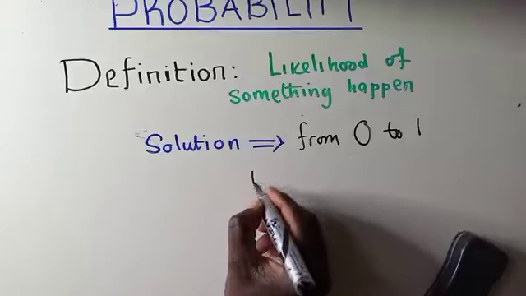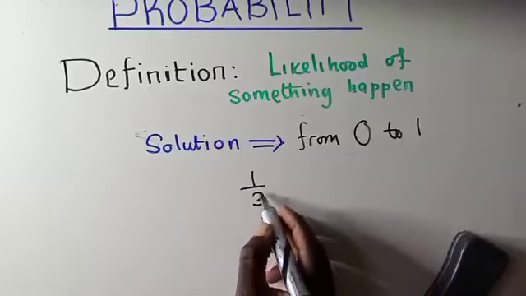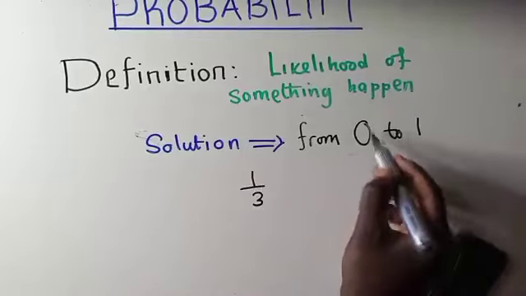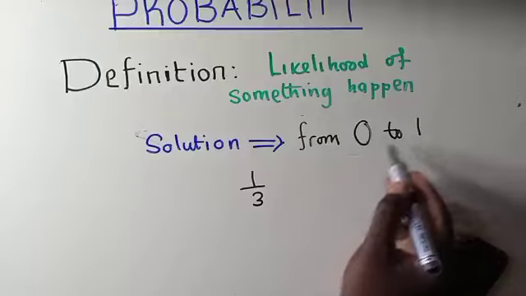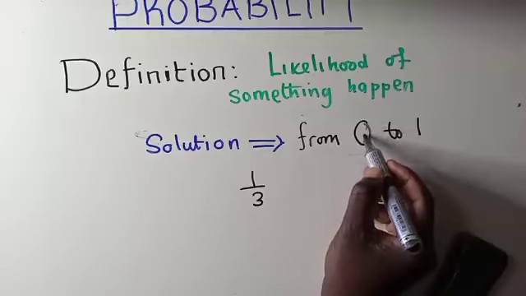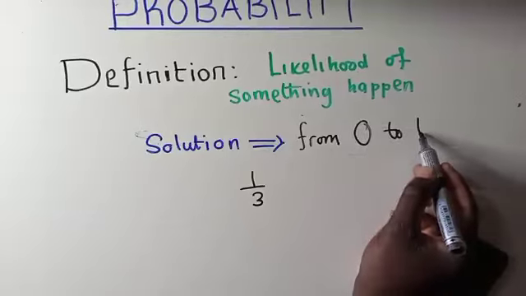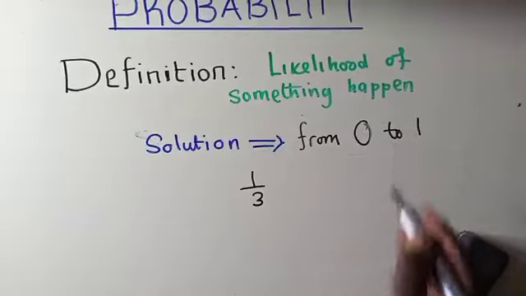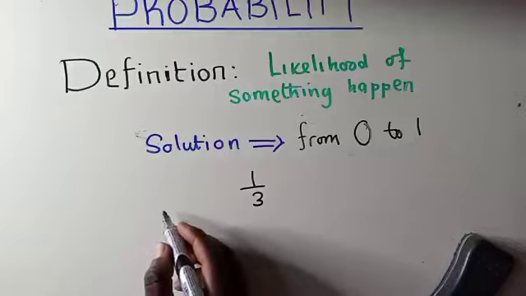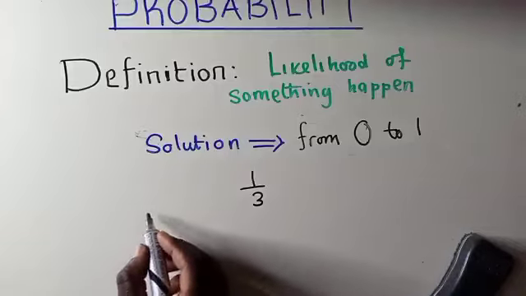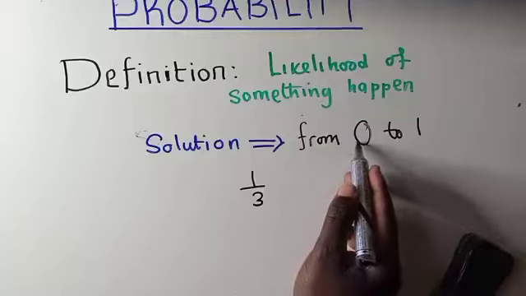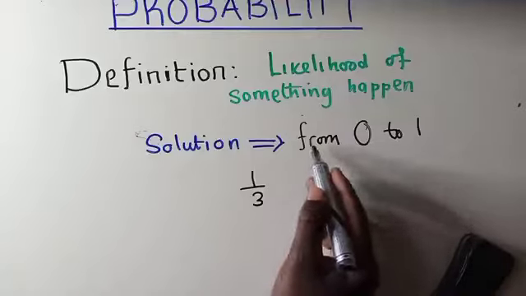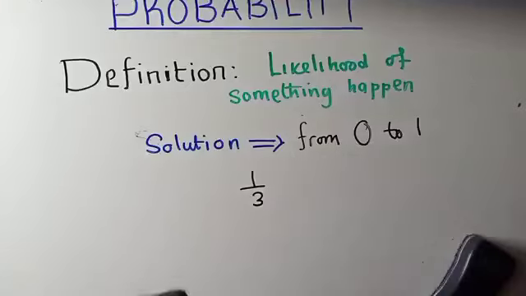For example, you saw the 1 over 3 I found. This is 0 point something something. It's just between 0 and 1. So you can find your answer to be equal to 0 or 1 or numbers in between. If they have asked you to find the probability and you find the answer less than 0 or greater than 1, it means your answer is wrong. You must keep this point in your head. It's very important. So now let's go to the examples I've talked about.